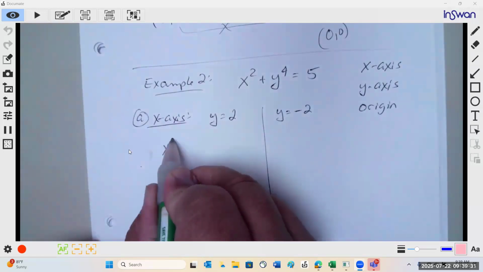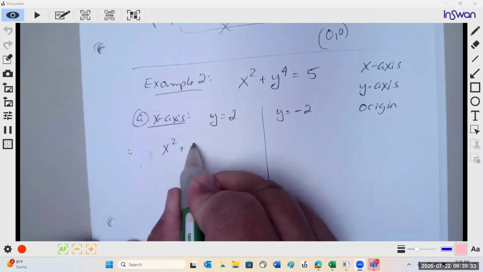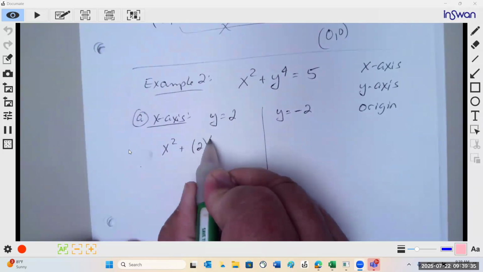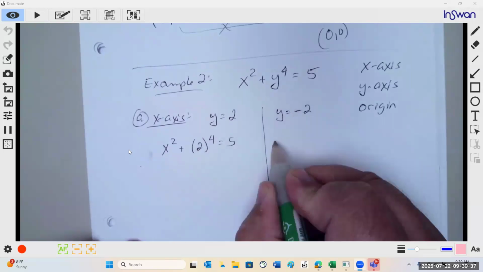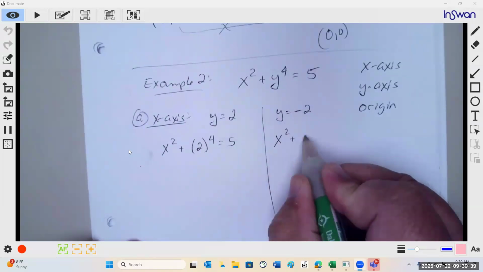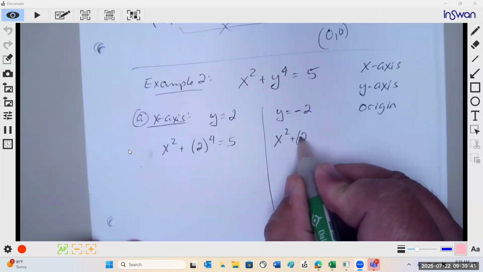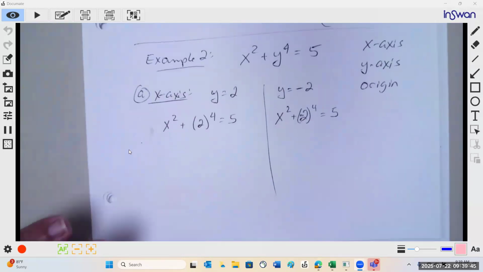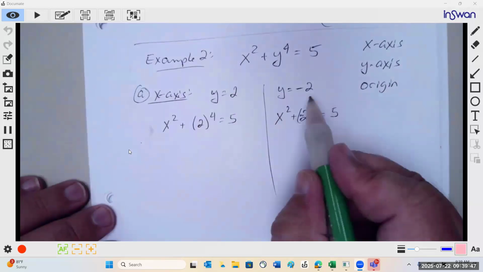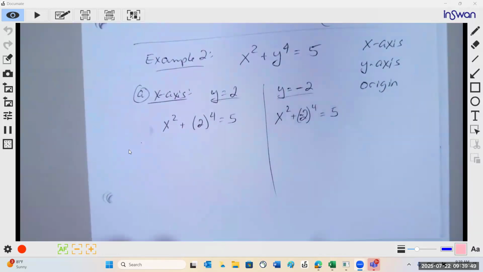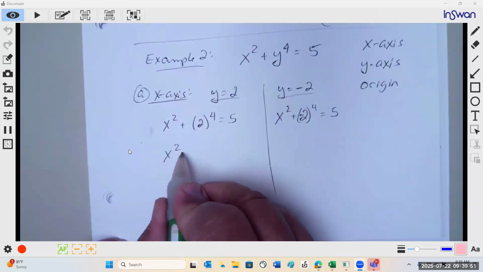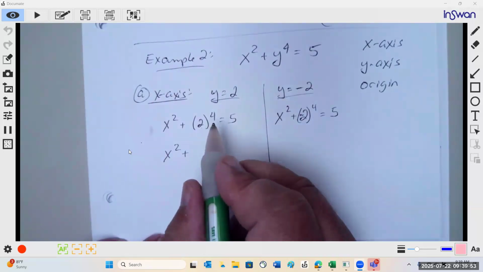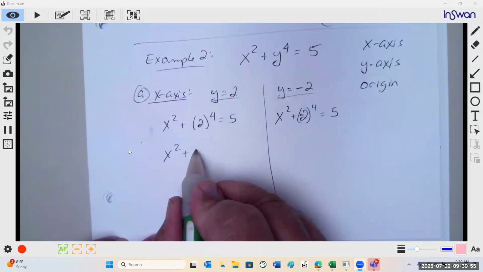We have x squared plus 2 to the 4th equals 5. x squared plus 2 or negative 2 to the fourth equals 5. These are my inputs. x squared plus 2 to the fourth is 16.